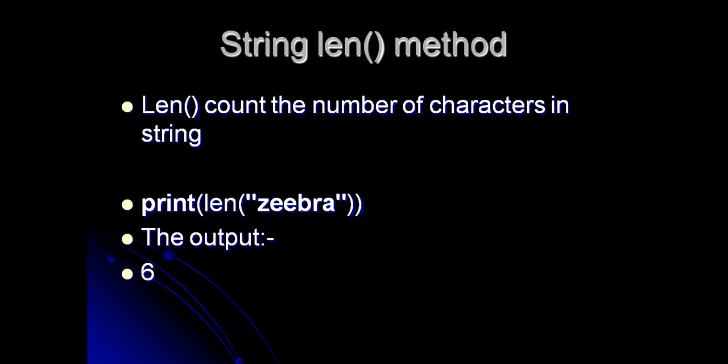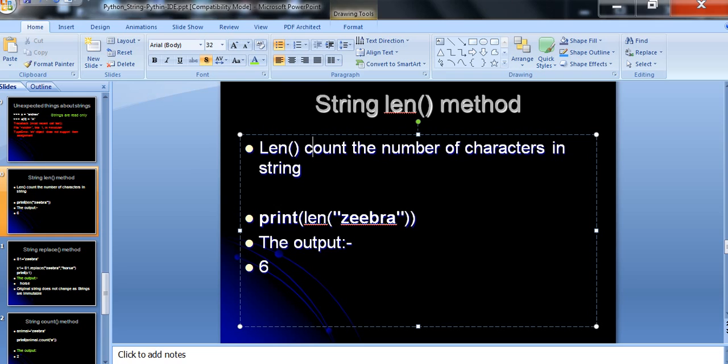Here zebra is a string, 0, 1, 2, 3, 4, 5, 6. Those six letters are there, so it is giving the output 6. So by using the len method you can count the number of characters in the string.